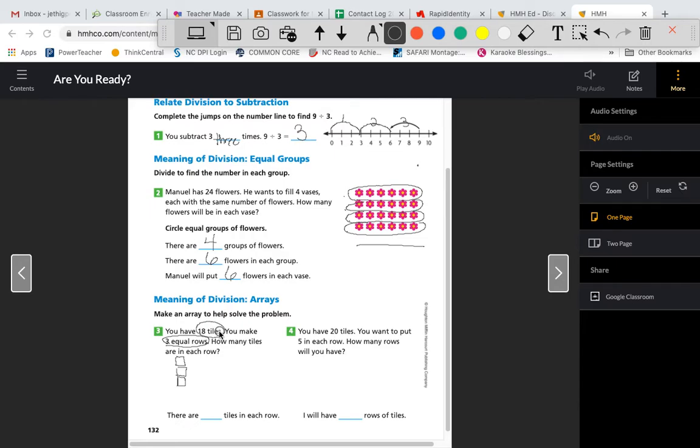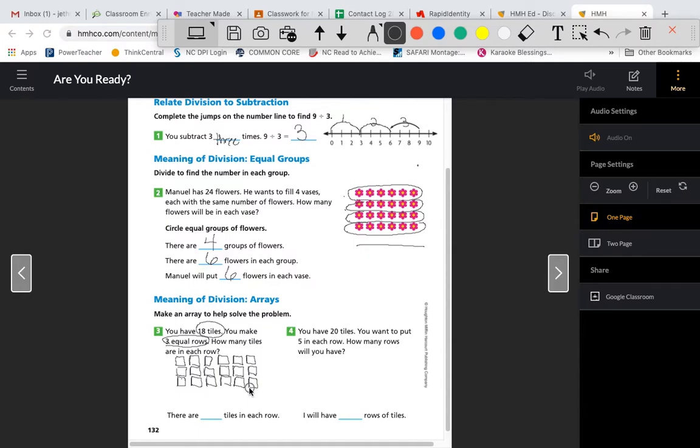So I'm just going to start counting. I've already used 3. So we've got 1, 2, 3, 4, 5, 6, 7, 8, 9, 10, 11, 12. I'm going to keep going. 13, 14, 15, 16, 17, 18.